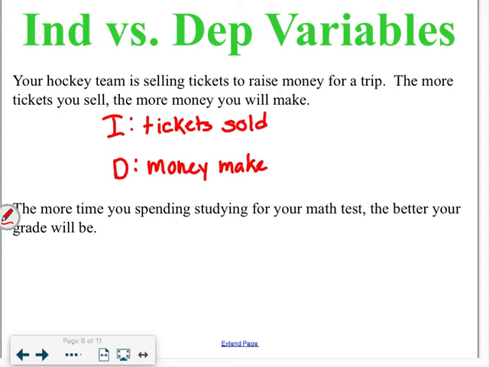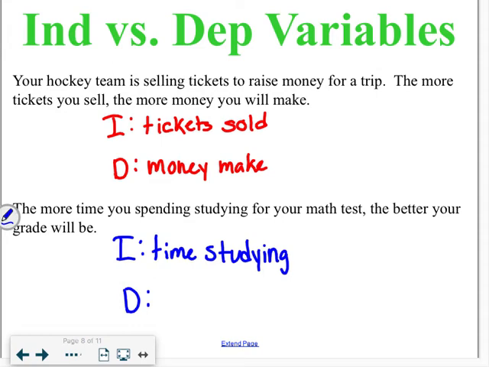Next example. The more time you spend studying for your math test, the better your grade will be. So again, we're looking for what's the cause and what's the effect. In this case, the time you spend studying is going to affect or change your grade on the test.